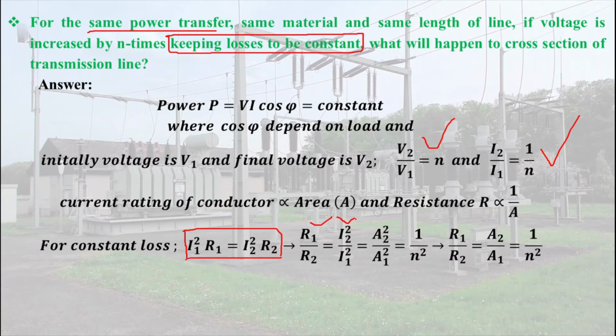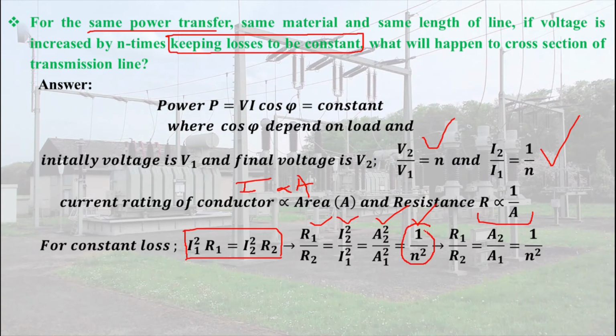And we know that current is directly proportional to area and resistance is inversely proportional to area, because R = rho L/A. So we can write R1/R2 = I2 squared/I1 squared, then I2 is proportional to A2 and I1 is proportional to A1, so I2 squared/I1 squared = A2 squared/A1 squared, and we know that I2/I1 = 1/n.